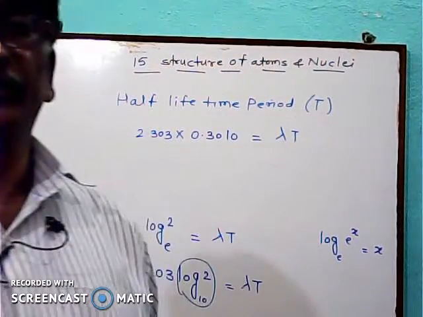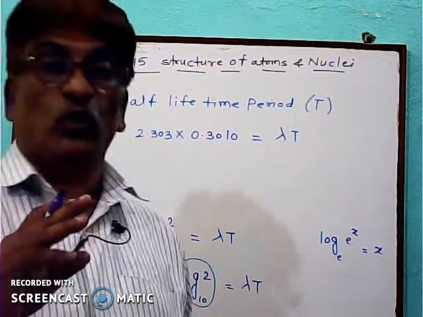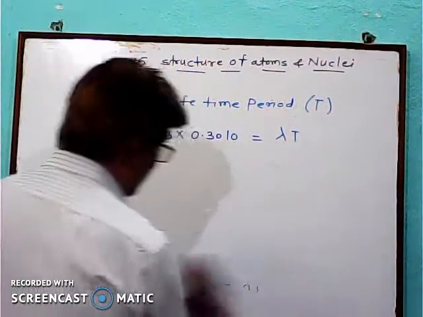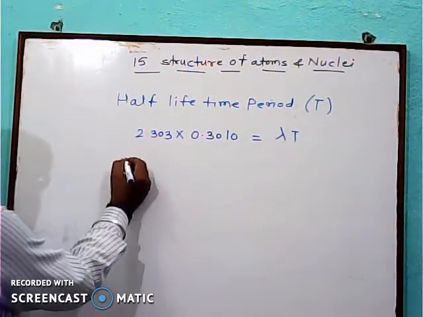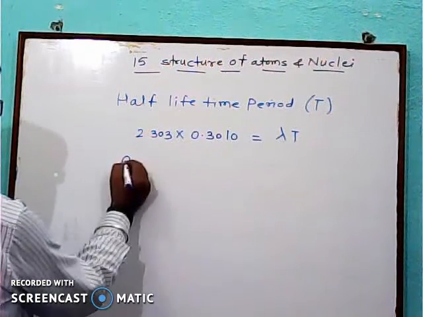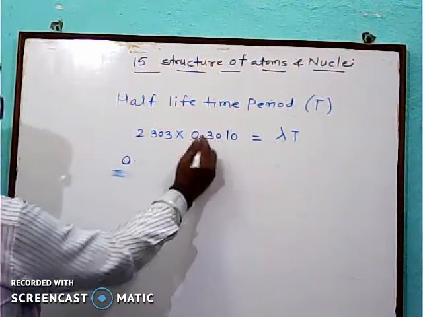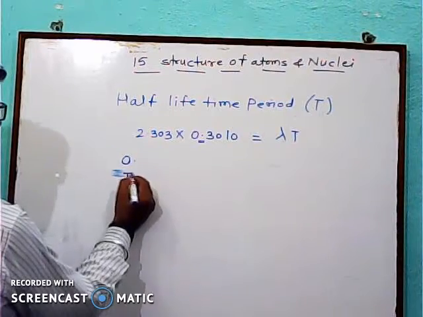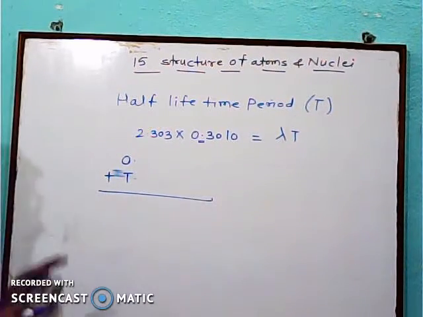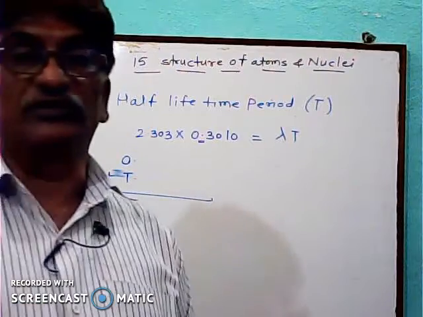Again, by using the logarithmic table, here we see the log of 0.3010. The characteristic will be bar 1 point, and as multiplication is there, we add the two logs.